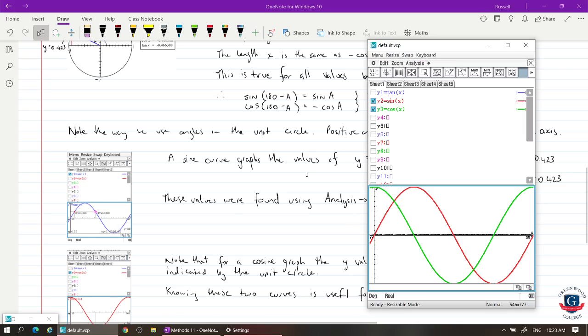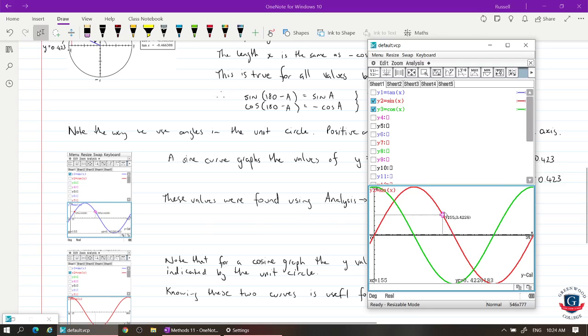Now, we can look at our case of 155. So if I click on this here, go analysis, gsolve, ycal. Yep, choose that one, please. 155. That will give me my 0.4226, as we'd expect.